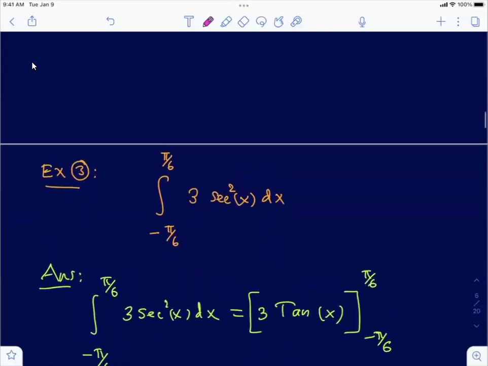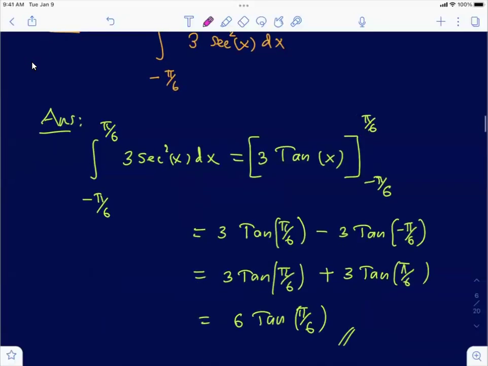And now, once you have the answer, 3 tangent x, after the integration process, now you're going to plug in pi over 6 in this, and then minus tangent of negative pi over 6. And tangent is an odd function.